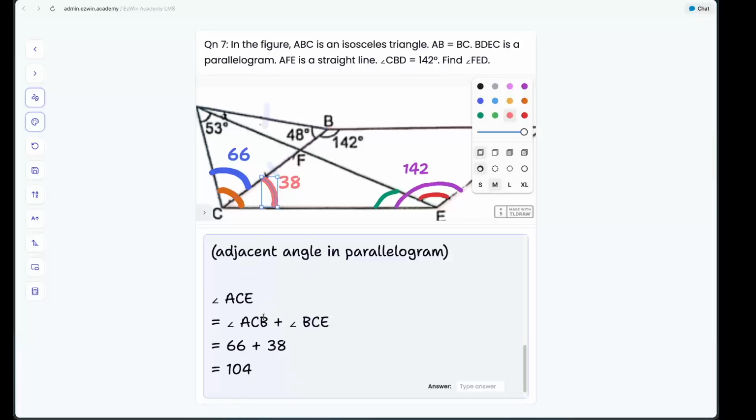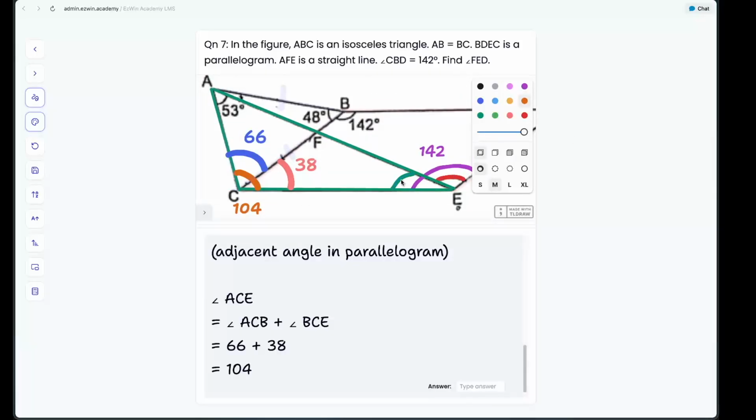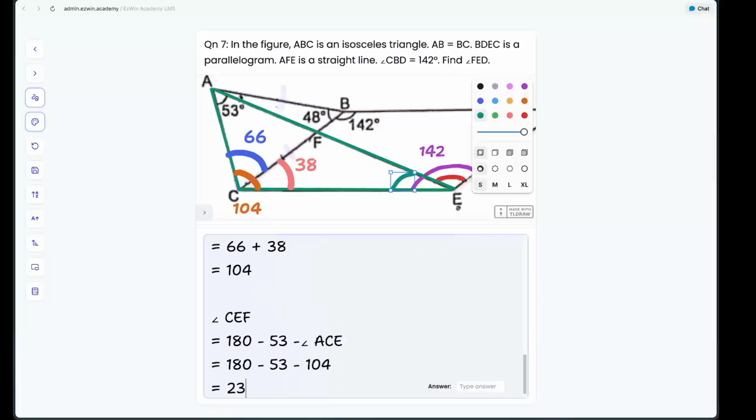Since we know this, we work backwards to the triangle ACE to get this green angle. This green angle is CEF, which is 180 minus 53 over here, minus 104, to get the angle CEF, which is 23, as shown over here.